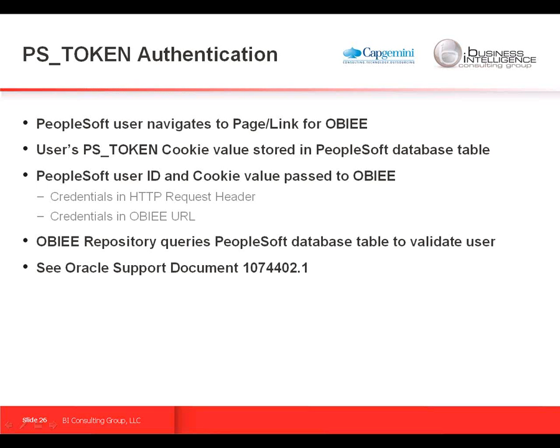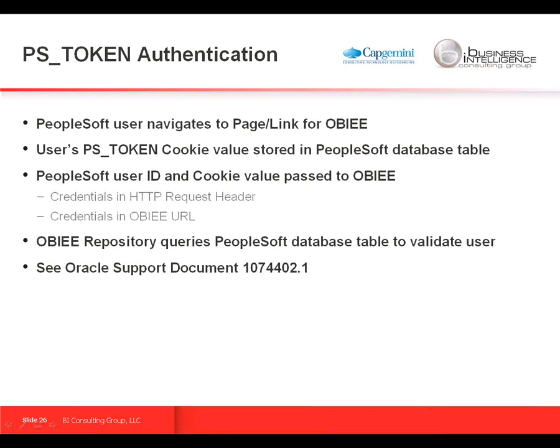Then when you make that request to go to OBIEE, we send that user ID and the cookie to OBIEE. We can do that by putting those things directly in the BI URL. We can also put those into the HTTP request header that goes along with that request.